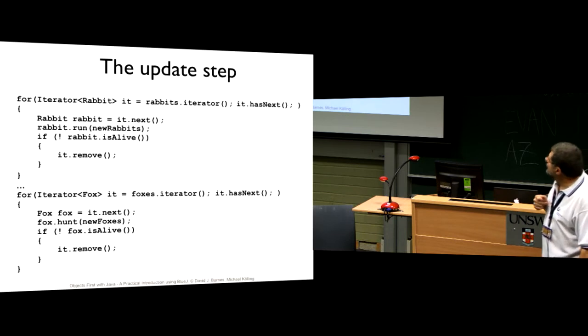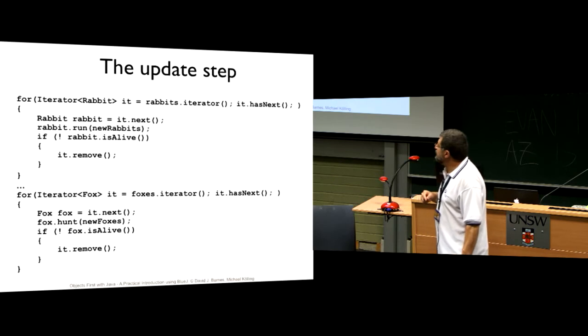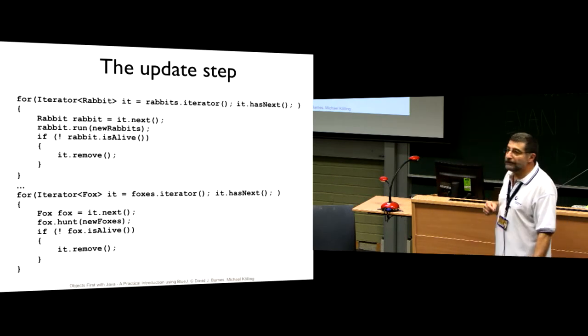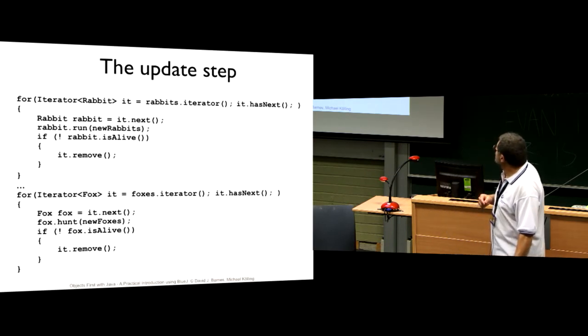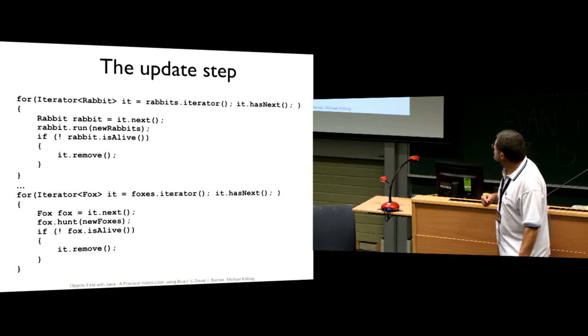All right, so that loop is saying, for each of the rabbits in the list of rabbits that we've got, call the run method. What's new rabbits?